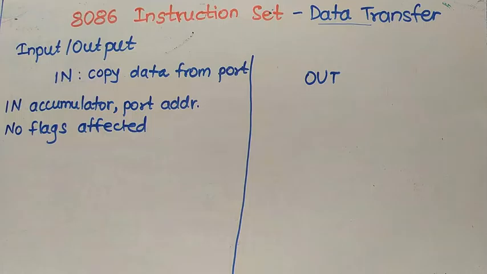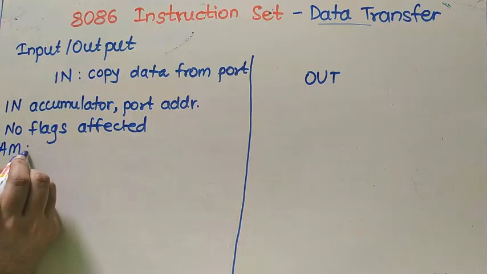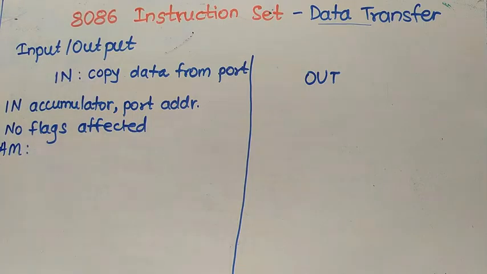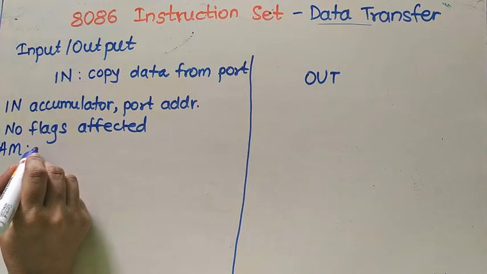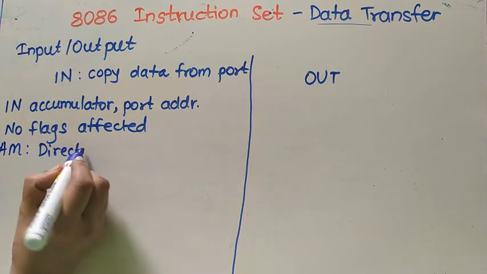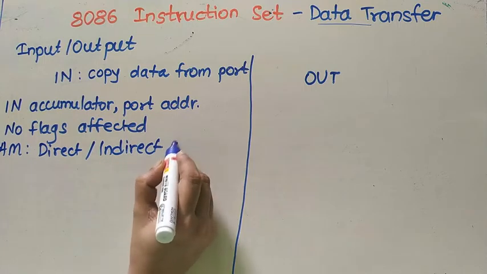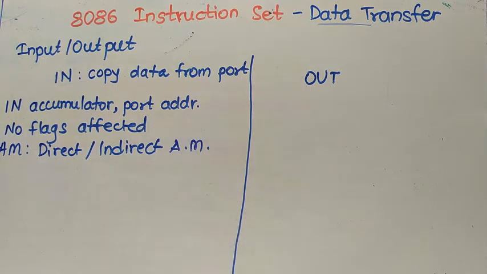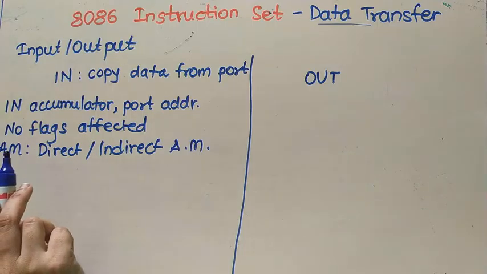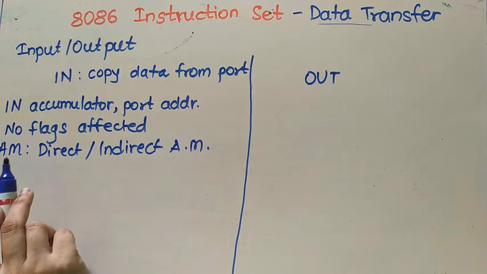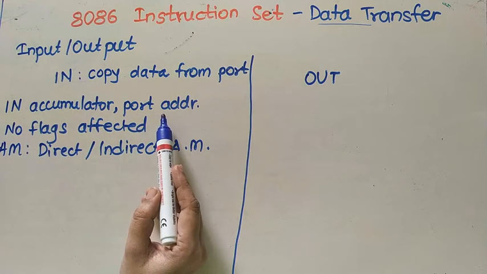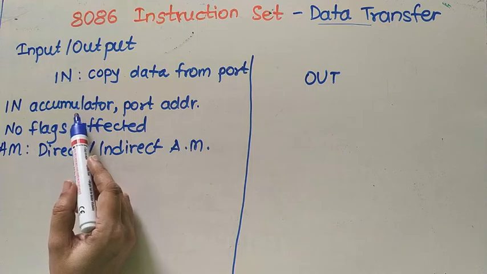And for addressing mode, this IN instruction is possible by using direct or indirect addressing mode. In this case, this IN instruction will copy the data from the port address specified in the instruction itself into the accumulator.